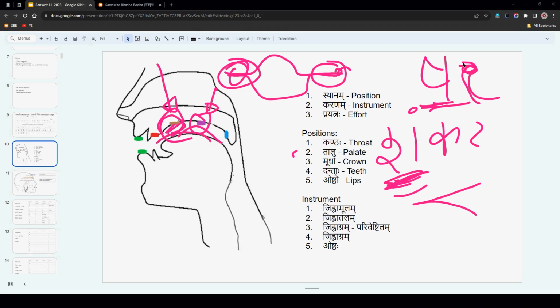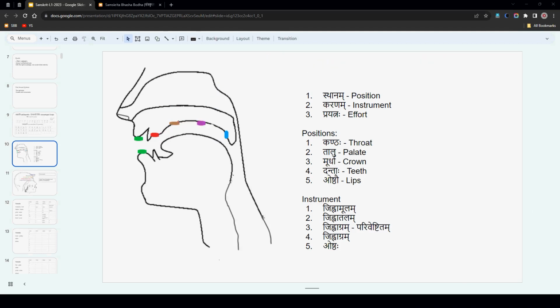Okay? And then sa. Sa is danta, something like la or ta, tha, da, dha, na. Sa again is a hissing sound, but the tongue is pointing towards the back of the teeth, trying to block the air there.